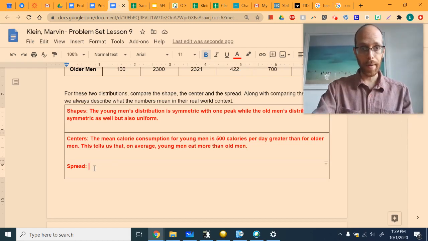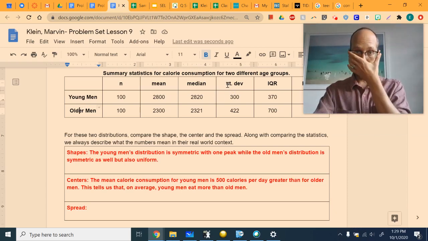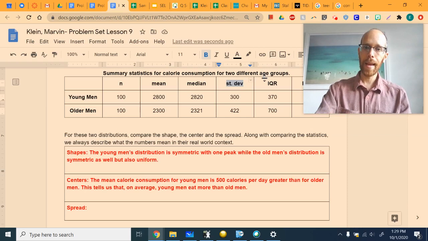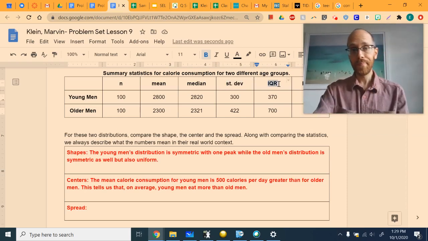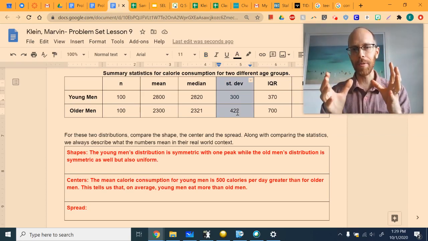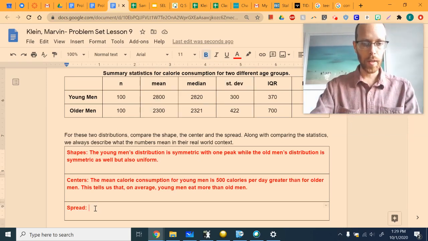So now let's go to spread. Now for the spread, we said that the older men were larger. We have 2 measures of spread, the standard deviation, which you're familiar with, and the IQR, which you are not familiar with. We're going to use the standard deviation. Not because it's the one we're familiar with, but because it goes with the mean. So our sentence is going to go like this.